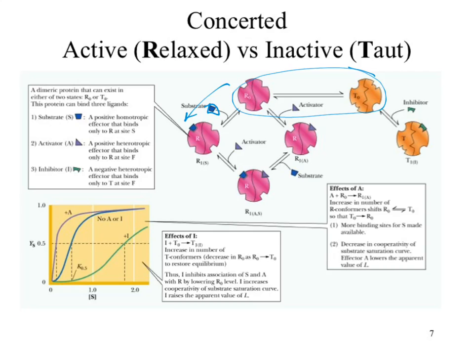Okay? If we activate it, we've now effectively removed the inactive enzyme, which shifts our equilibrium to form more enzyme or more active state that can then propagate to our product more. Okay? If we add an inhibitor, the inhibitor removes our T state, our equilibrium shifts to form more of the T state, and we end up reducing the rate of our reaction.